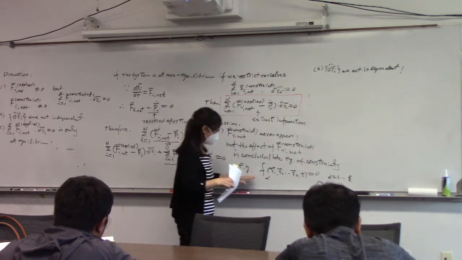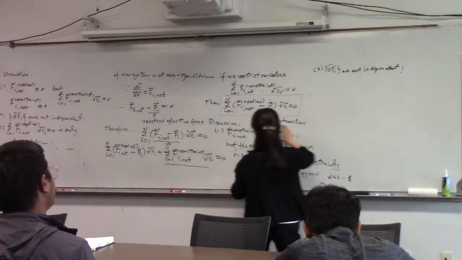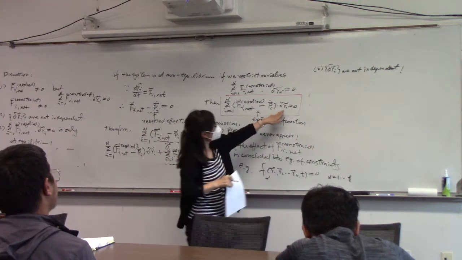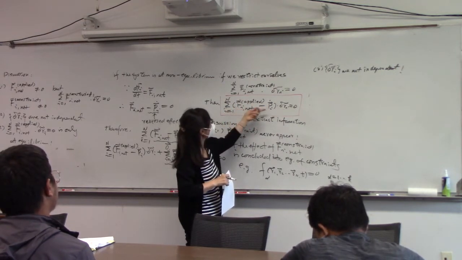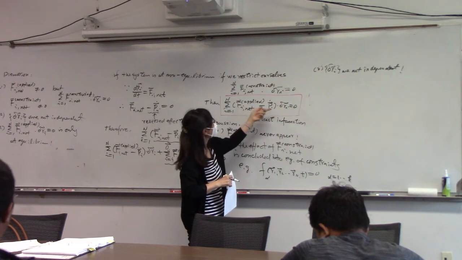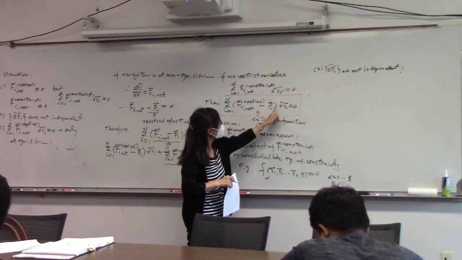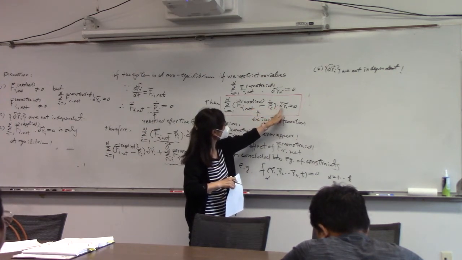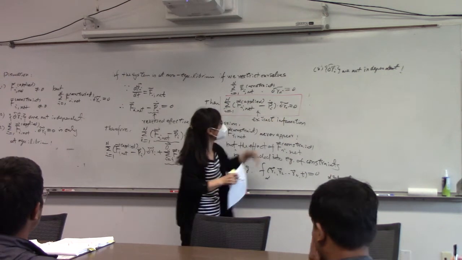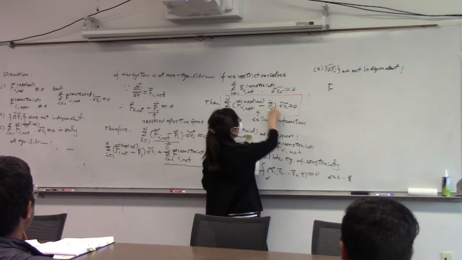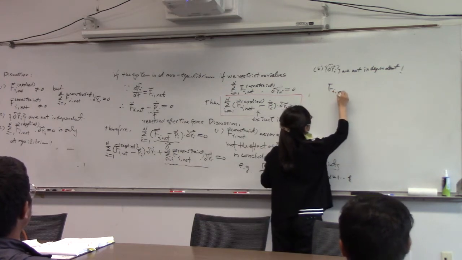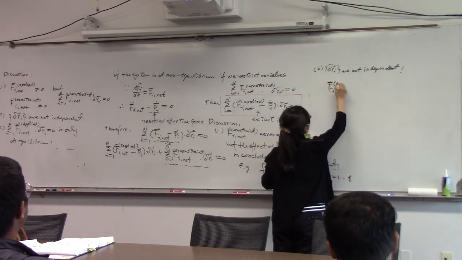Due to here, right? If not independent, this means this applied force plus this reverse effective force, with the inner part of delta r, sum over together is 0. But since they are not independent, this coefficient is not 0, right? Now be careful.